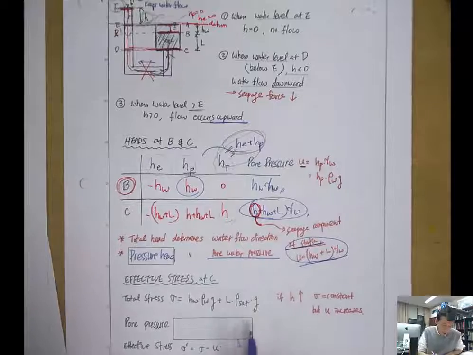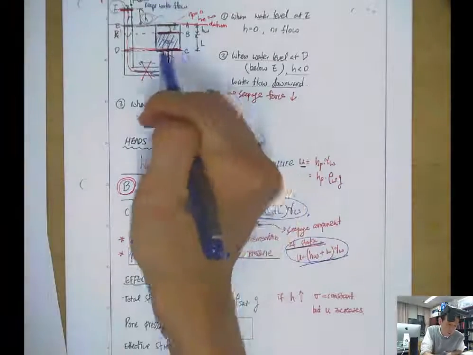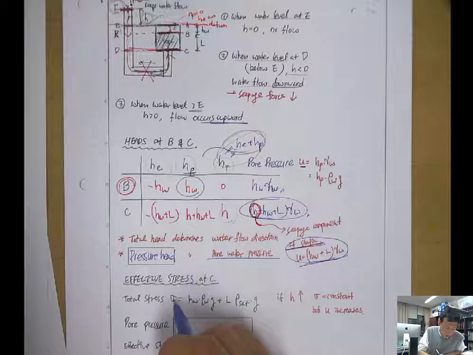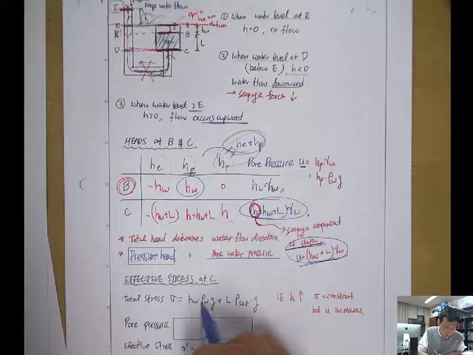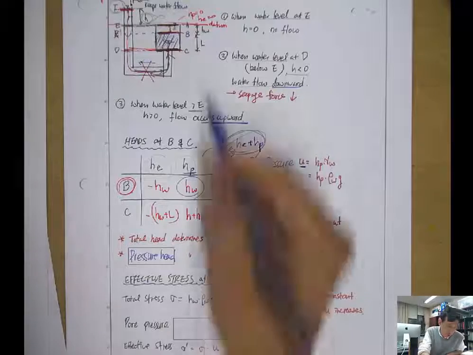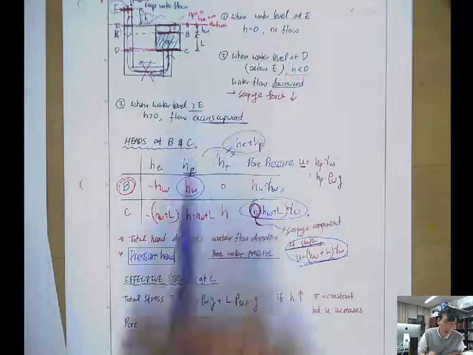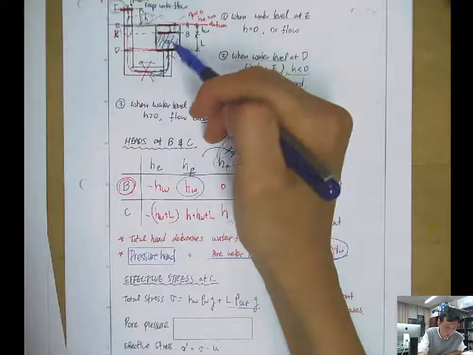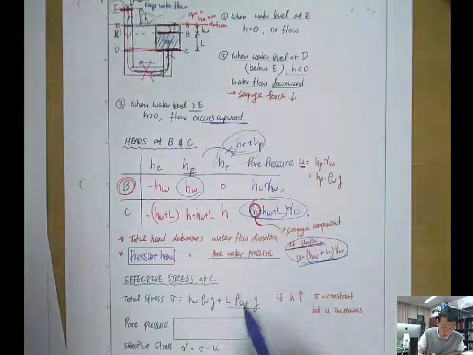Total stress at the bottom of the soil here at C: the total stress sigma is HW times rho W times g. So that's the weight of this water column over the soil. And here, L times saturated density rho sat times g.